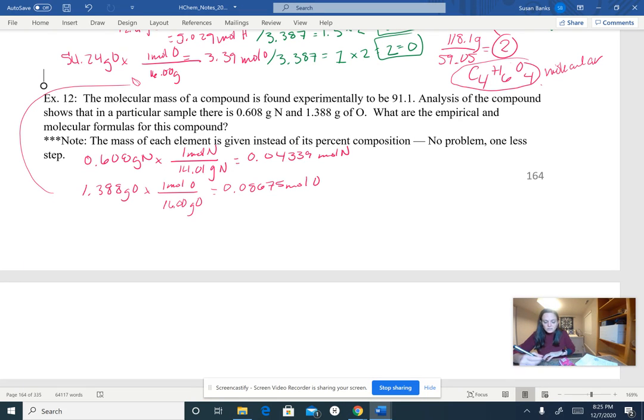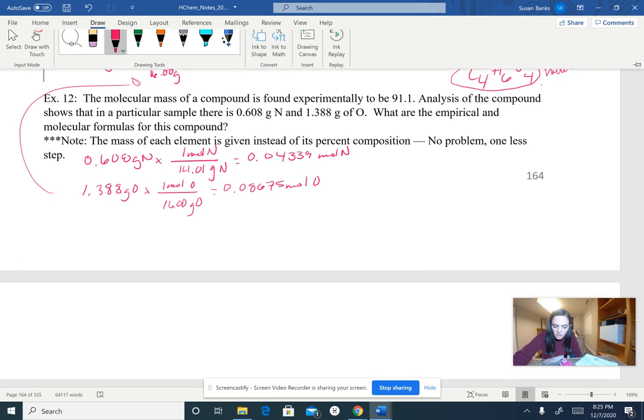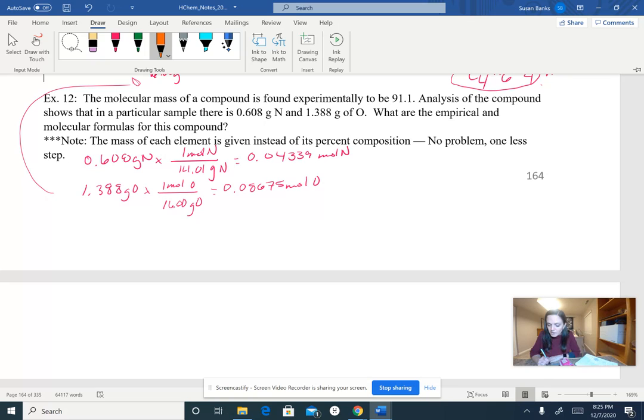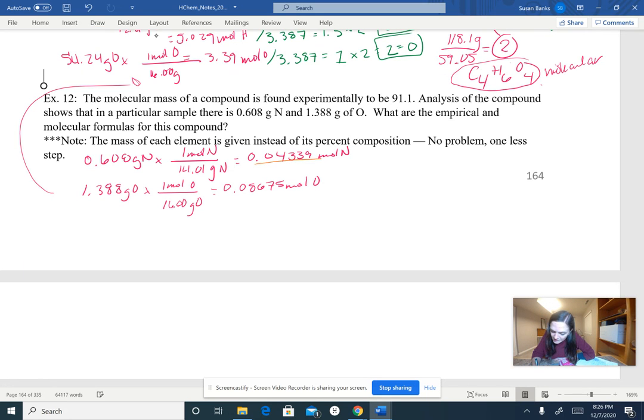Do you guys remember what the next step is? Yeah, that's right. We need to find the smaller of the two amounts of moles and use that as a divisor. So hopefully you realize that that was nitrogen. So I'm going to divide by 0.04339. And of course, if I divide anything by itself, I get a ratio of 1.